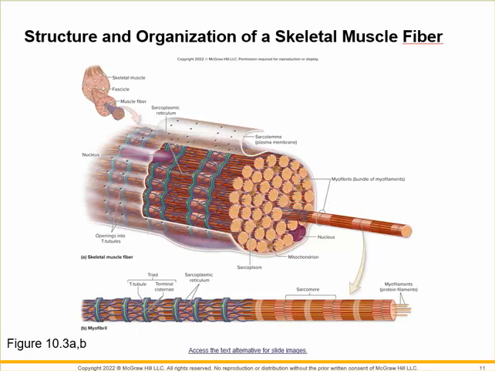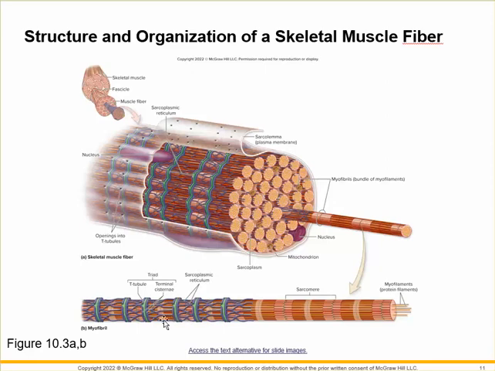And we can see where right here, where the sarcolemma is rolled back, that there are these holes, and the holes line up with these yellow things here called transverse tubules. And you will see that the transverse tubules extend from the outside and they go all the way down, and they surround each one of these myofibrils right here, like that. And they do it in an organized pattern.